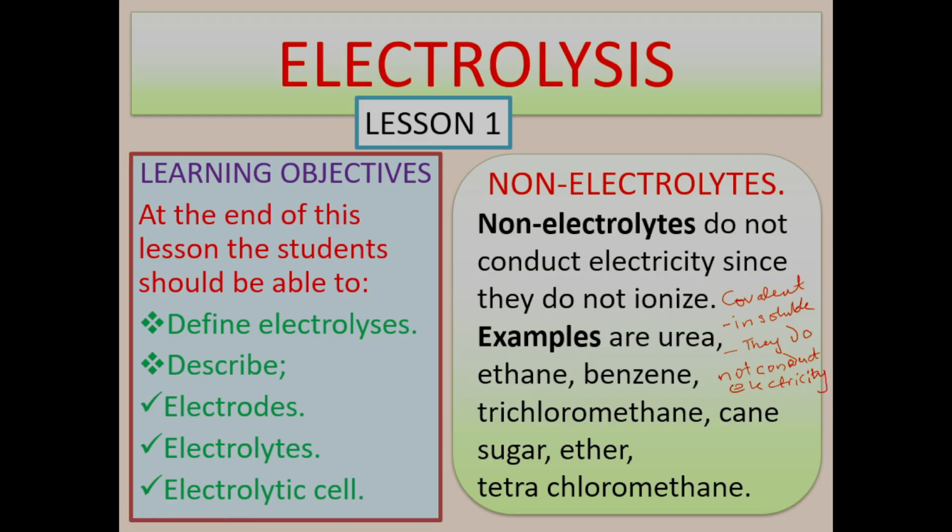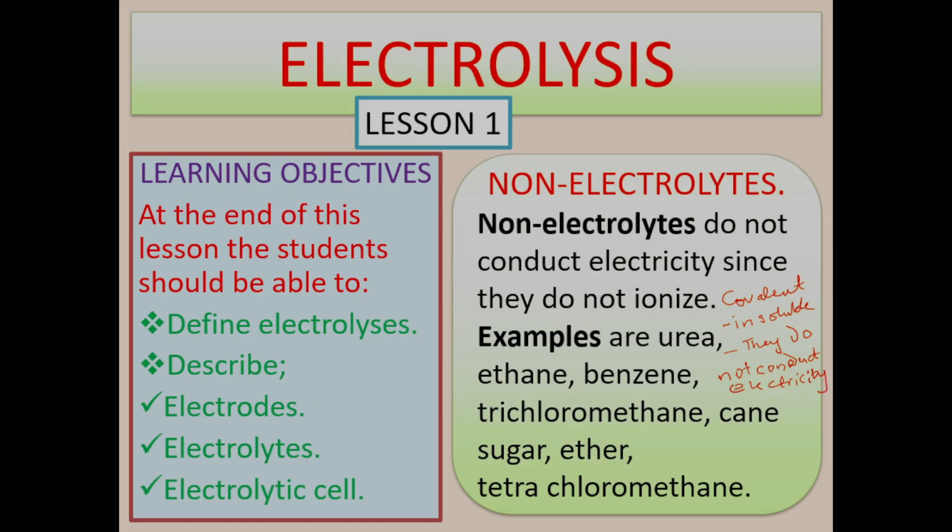This reminds me, going back to electrolytes, if you can recall my definition, I told you that there are substances that allow the passage of electricity through their molten or aqueous form. Note, they don't conduct electricity in their solid state because there are no mobile ions.